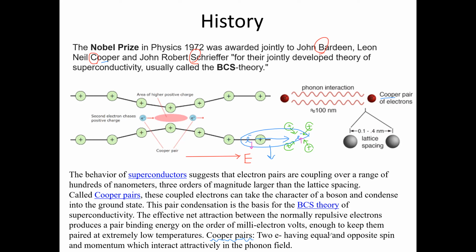Equal and opposite spin and momentum. And when they form like this, they are no longer fermions, but they behave like bosons, more like a fluid, because they don't act like fermions anymore.